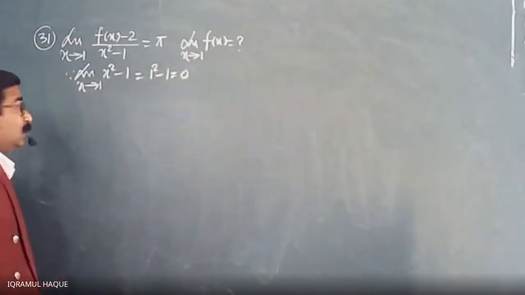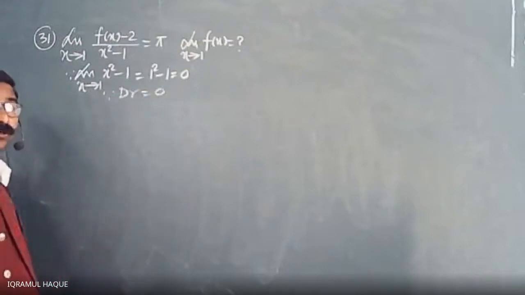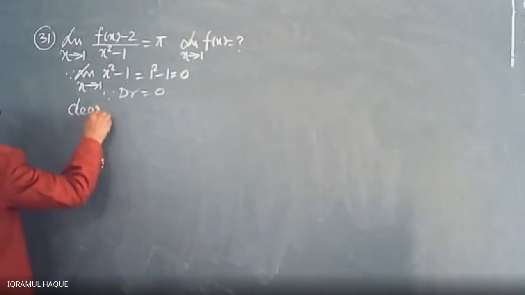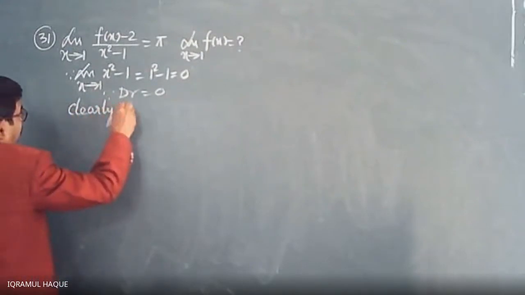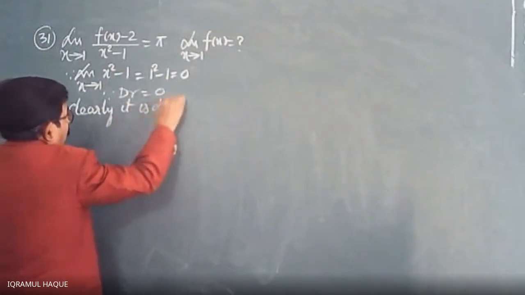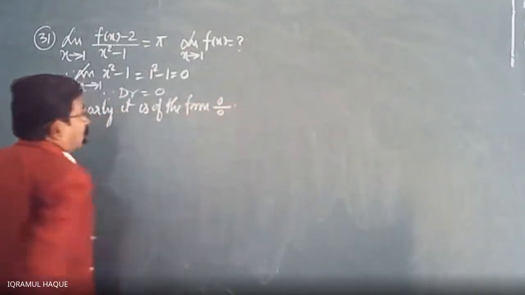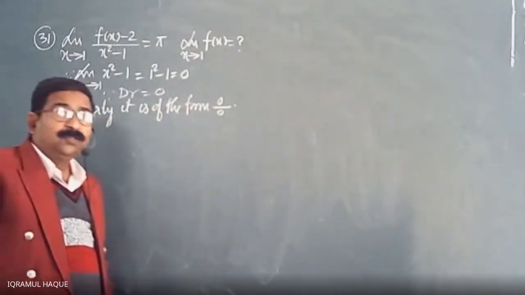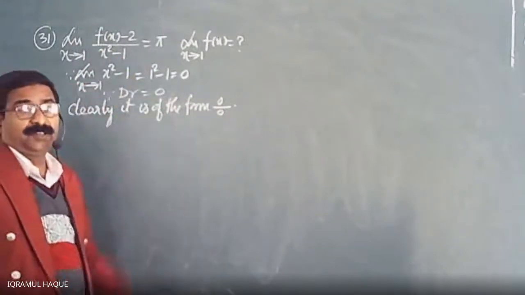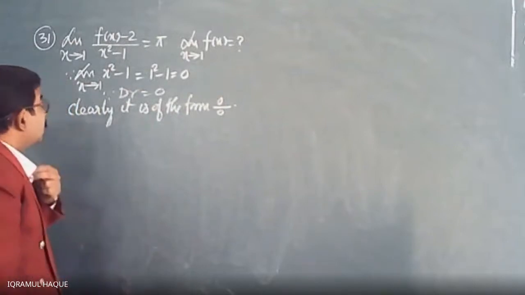So since the denominator is equal to 0, clearly it is of the form 0 upon 0, because if the numerator is not 0, this function is not applicable because the denominator is 0.